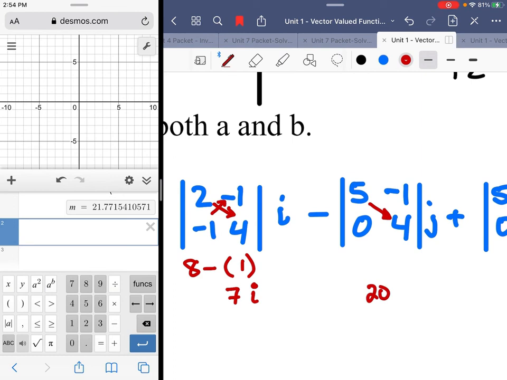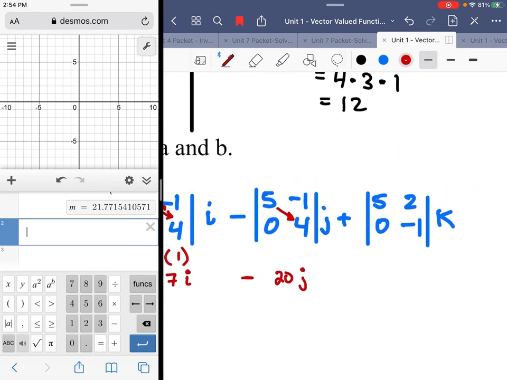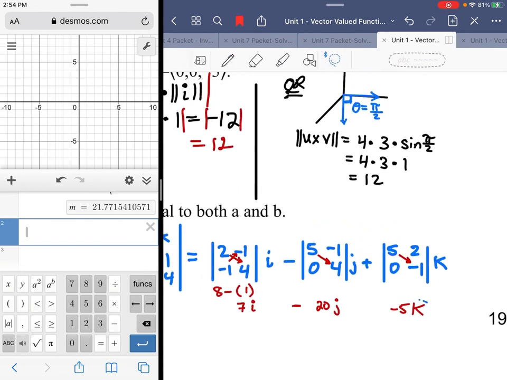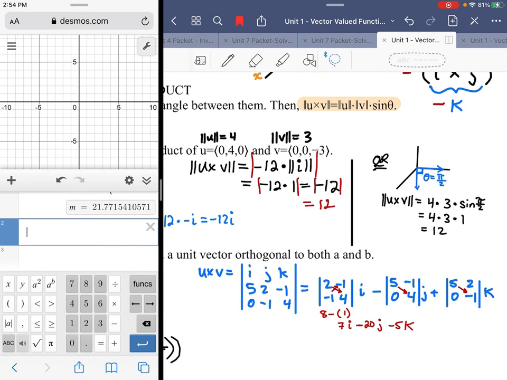Diagonal up amounts to 0, so ignore it, so minus 20J. Diagonal down, -5, diagonal up amounts to 0, so ignore it, K. All right, so put it all together, and you have the cross product, 7I minus 20J minus 5K.